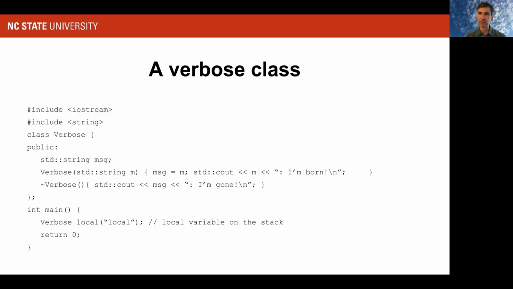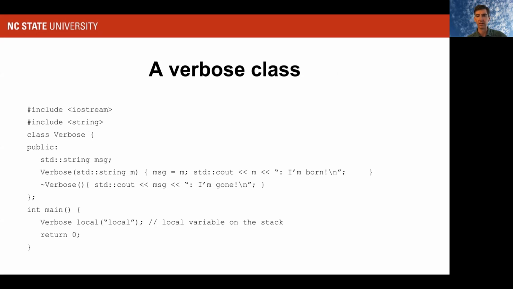So this verbose class is one that we used in a previous video, so you may recall some aspects of it. Basically, the way it works is I stick a string inside this class, and my constructor takes a string as an argument, and I use the argument to the constructor to initialize the string inside the object.